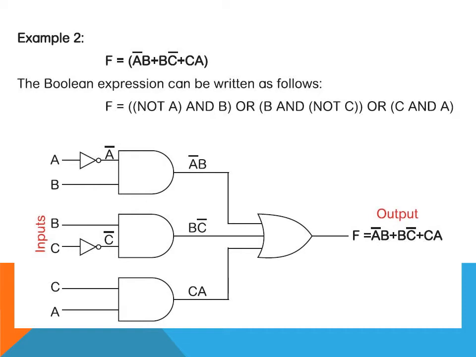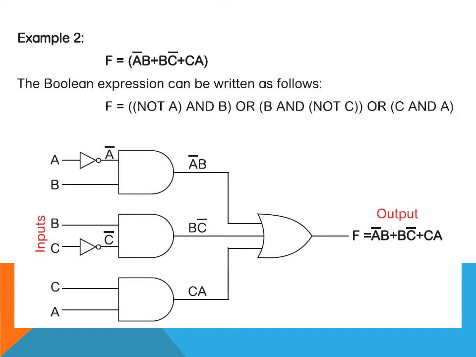Those two things will be fed into AND gates, because NOT A is multiplied with B and NOT C is multiplied with B. So the output will be A bar B, B C bar, and at the lowermost part there is an AND gate.